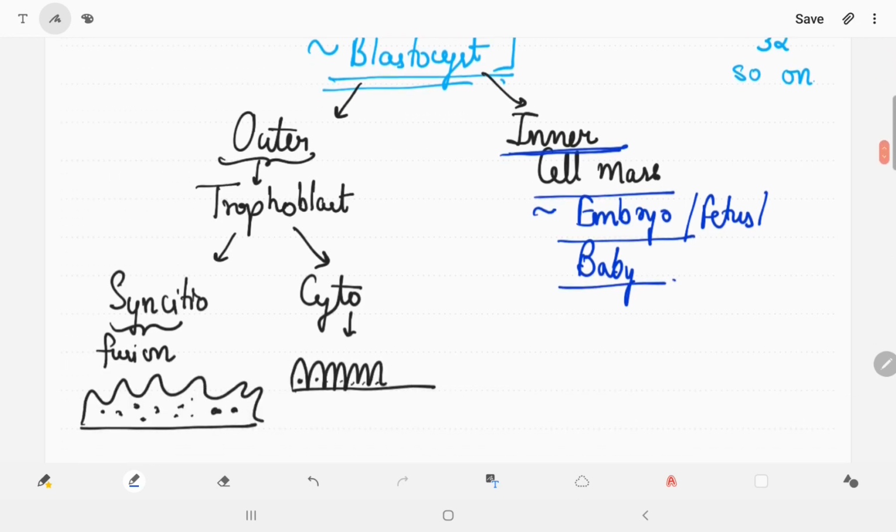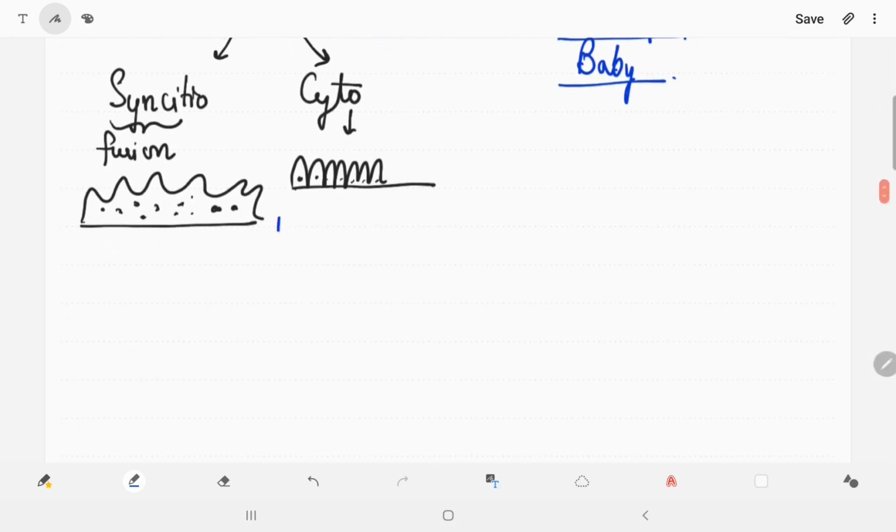So my question here is, what will the trophoblast do? Why at all is my body forming the trophoblast? So the answer is that this trophoblast will form the placenta and the membranes of the baby.